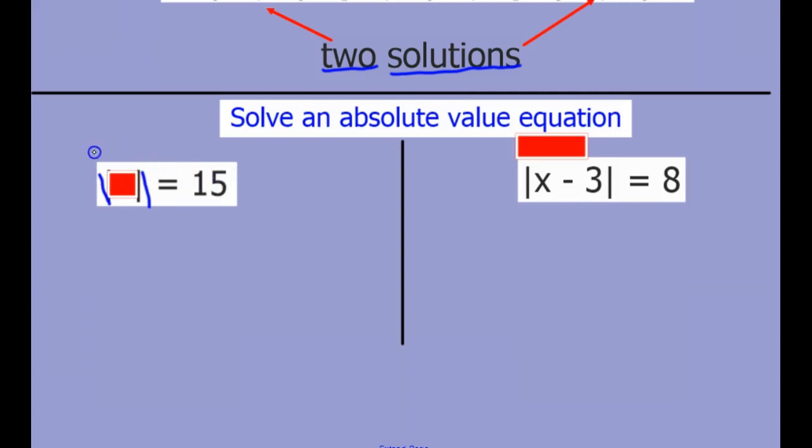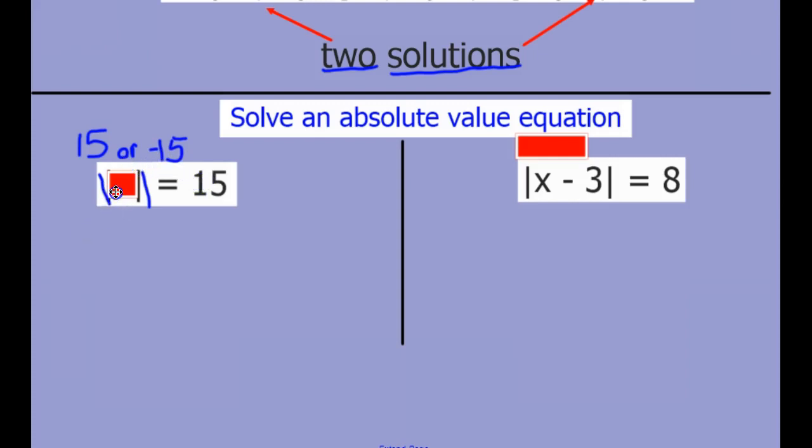So we know that we could put 15 in there. 15 would be clean. It would go into our shower and come out clean as a 15. Or we could have a negative 15. The dirty negative 15 goes into our shower and comes out clean as positive 15.